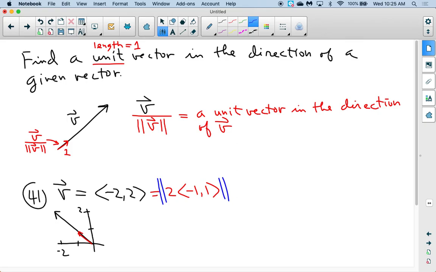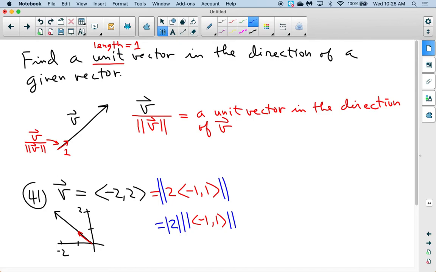But one of them is kind of nice. If you think about the scalar 2 times the vector (-1, 1), you can write this as 2 times the magnitude of (-1, 1), or technically, I should put this guy in absolute value bars.